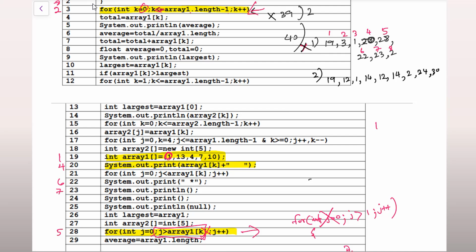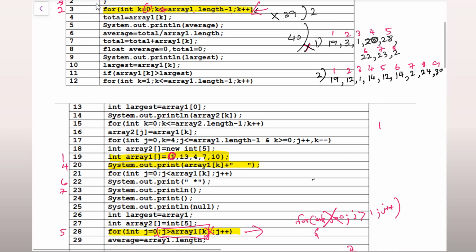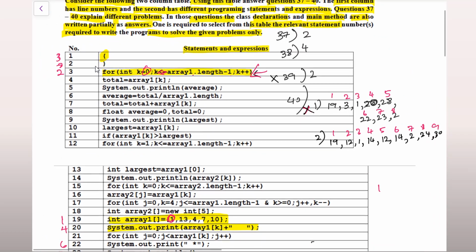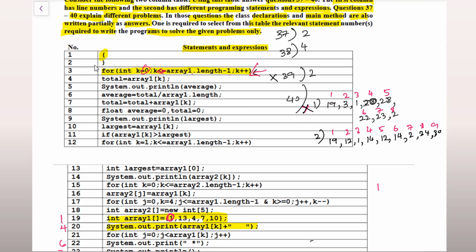Okay, so again I'm going to label this 1, 2, 3, 4, 5, 6, 7, 8, 9. Okay, so I'm going to solve this.